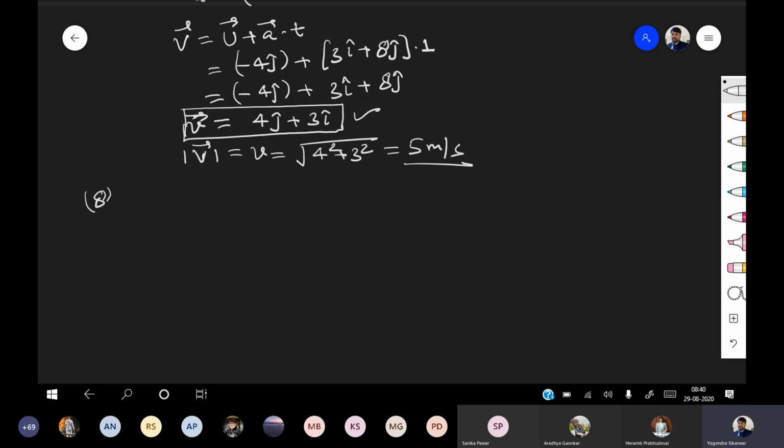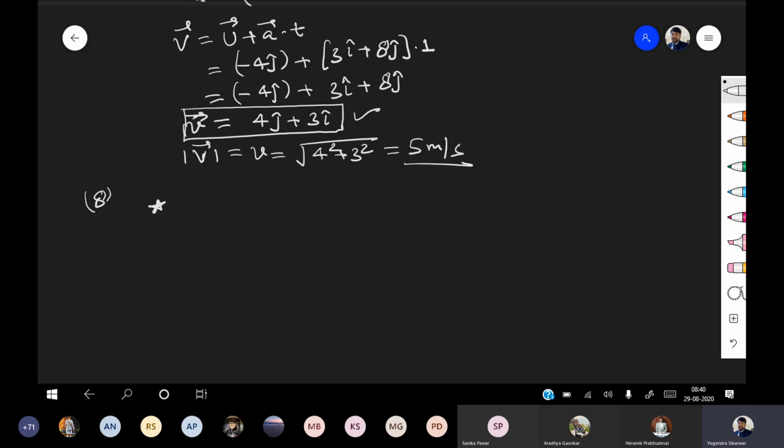The angle made by the tangent to the curve at x is equal to 0 with the x-axis. See, the angle made by the tangent to any curve at any point is simply given by dy by dx.